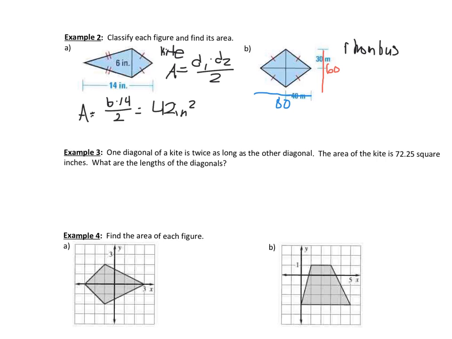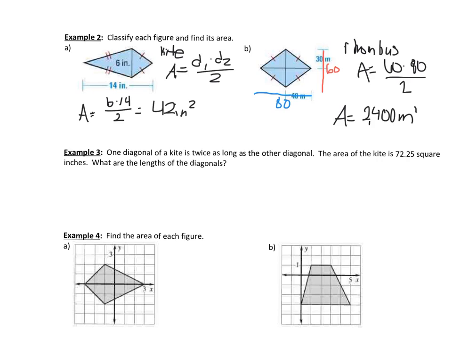So just be careful, look at your picture, make sure you're getting all of the right measurements there. So we've got our area is equal to 60 times my 80, take that whole thing divided by 2. And as long as my calculations are correct, you can double check me on this, I've got 2,400, and we're talking about meters squared here.